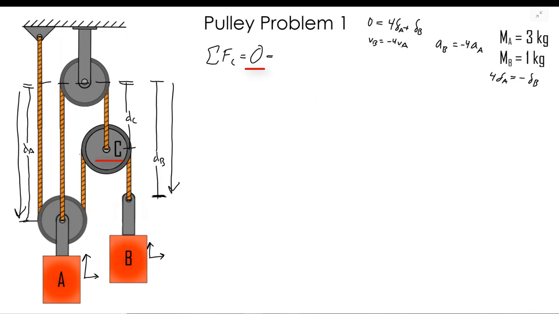So this free body diagram. We're going to call this just F. So the force in this longer rope is just F. So the tension in the longer rope is F. And the tension in this rope now, that's just going to be T. So we're going to have T minus 2F.